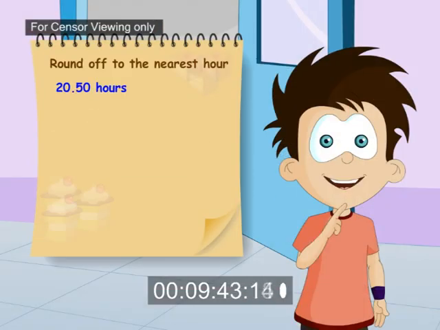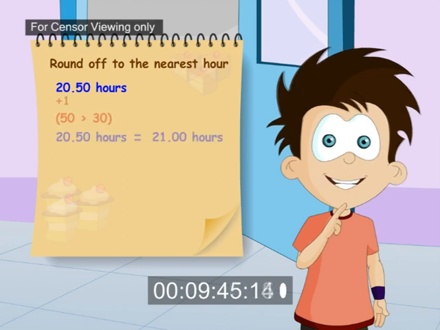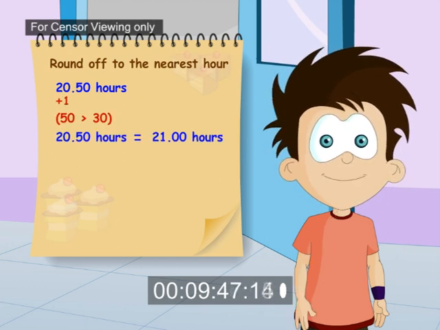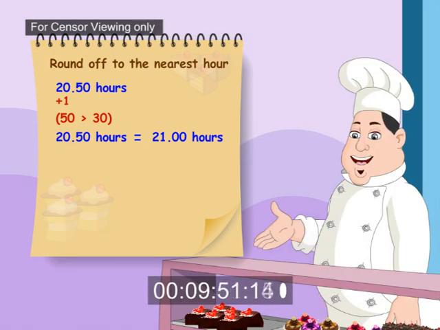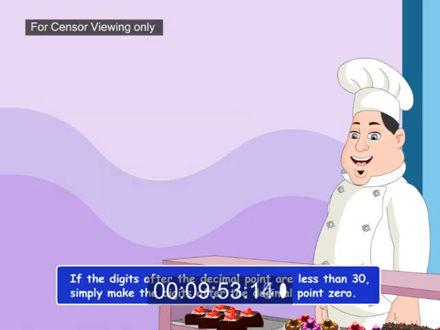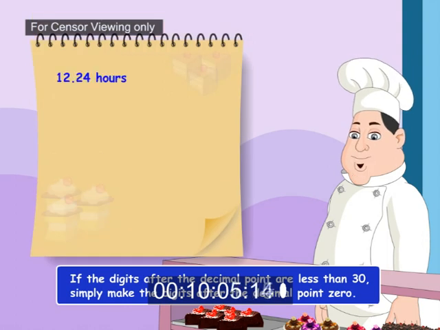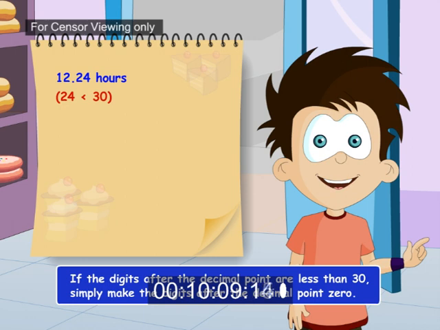So 20 hours and 50 minutes becomes 21 hours. Exactly. If the digits after the decimal point are less than 30, then you simply make the digits after the decimal point 0. Like in 12 hours and 24 minutes. 12 hours and 24 minutes will be rounded off to 12 hours.